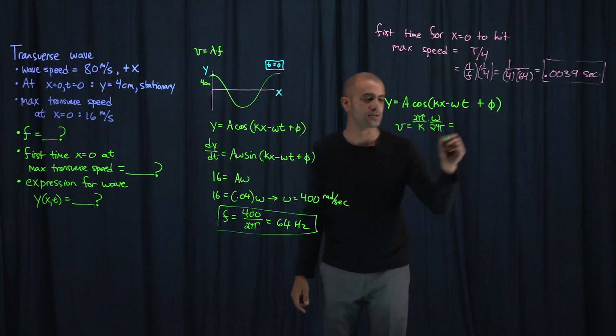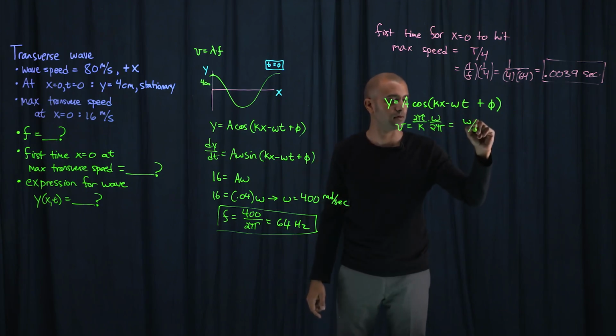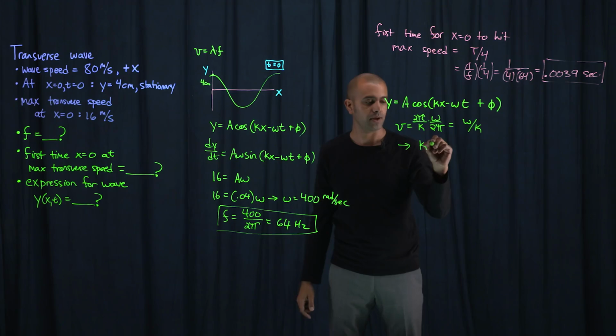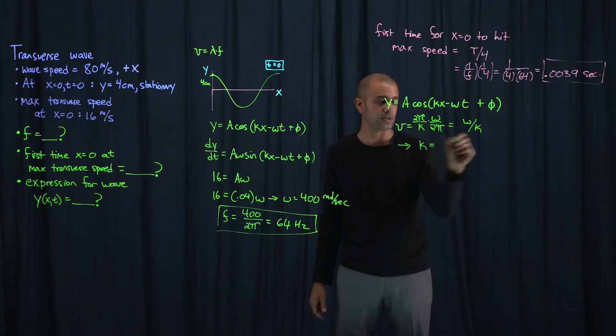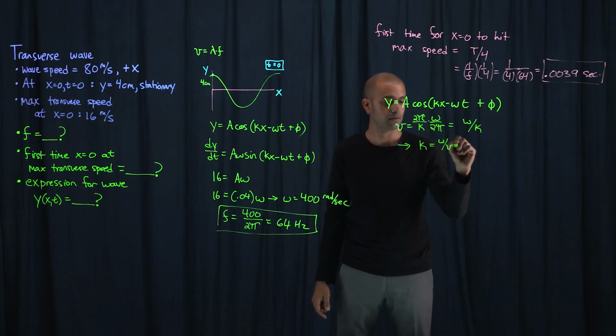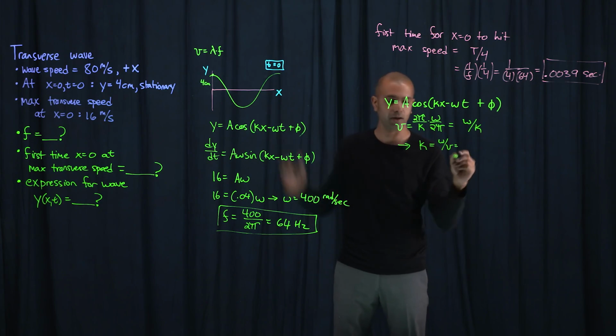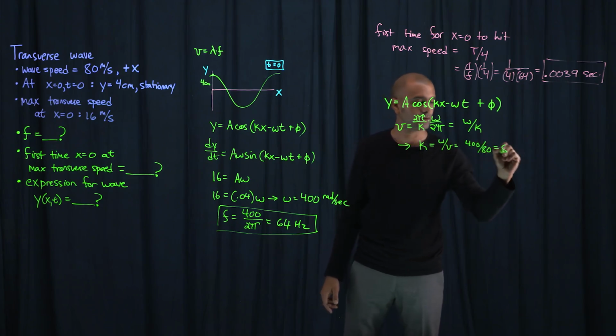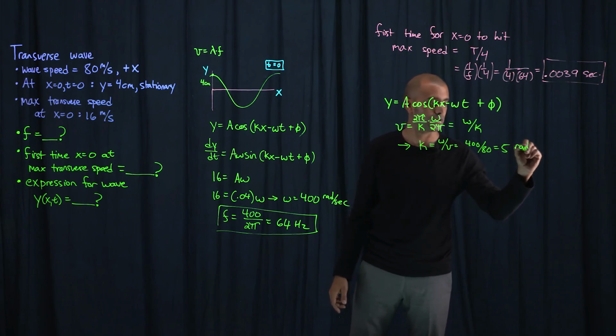So another way you can write velocity is by just writing omega over k, which tells us that if we're looking for k, we can just divide the velocity into the omega, which we have both those quantities, 480. So that just equals 5. And that's given in radians per meter.